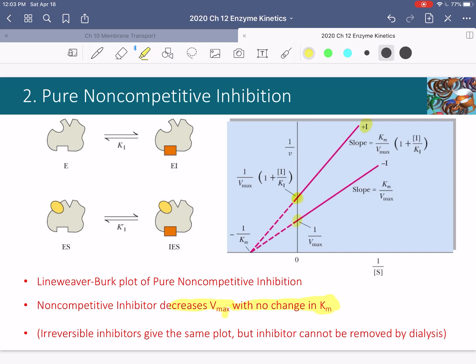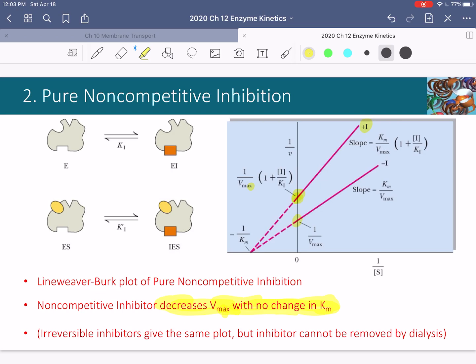An increase in 1 over Vmax is a decrease in Vmax, right? If you decrease the denominator, you increase the value of 1 over the denominator. So a decrease in Vmax with no change in Km tells us that this reversible inhibitor is pure non-competitive.